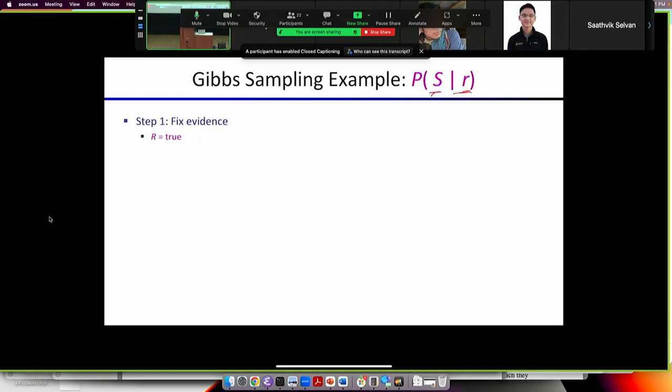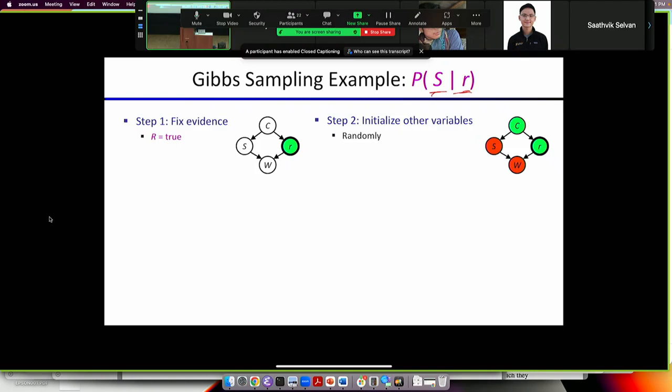We want to know the probability that the sprinkler is on. So we first fix the evidence to the true value. Then we initialize the other variables. So we've got to have a complete state to start, and you can initialize it randomly. You can try to initialize it more intelligently than that. Doesn't really matter that much. So I pick some random values, and then you just keep repeating.